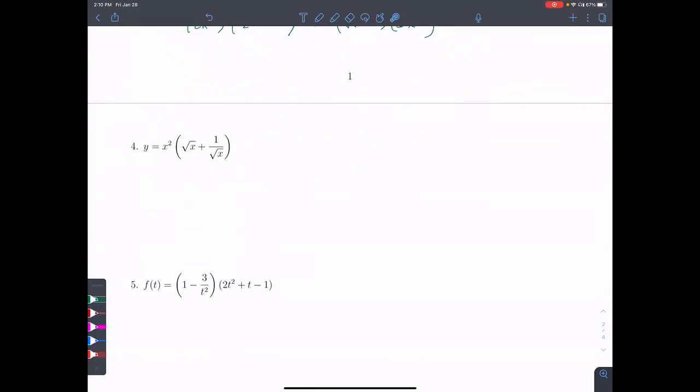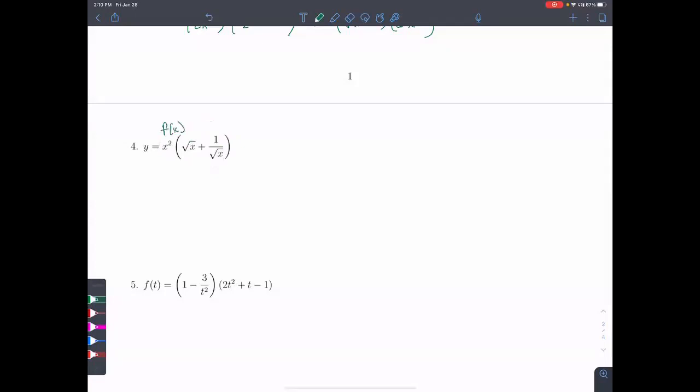So when I look at number 4, I don't want to do the product rule because I don't want to take the derivative of this stuff. And if I were to go ahead and distribute this, then that might make it easier, but let's do the product rule since that's the section that we're in.